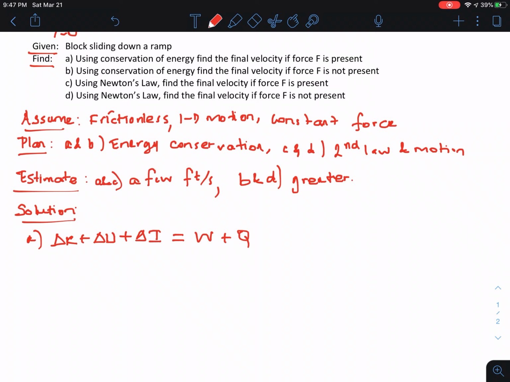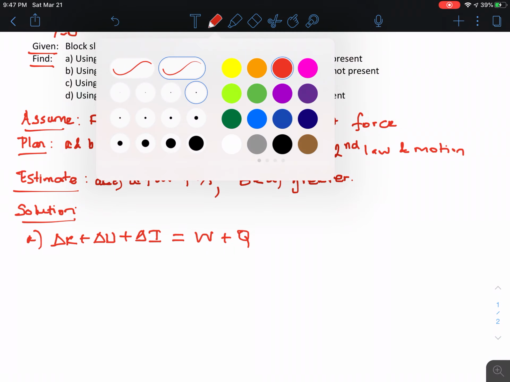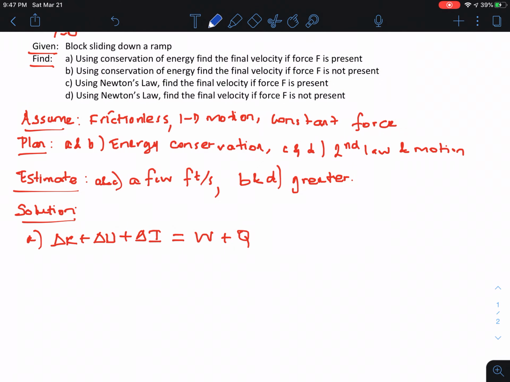You can either put these into your assumptions, or you can think about which ones are zero. Do I have kinetic? I should keep this term because I'm thinking about velocity, and kinetic is 1/2 mv squared, so there's velocity squared in there. So I'm going to keep the kinetic term. Is there a change in elevation?